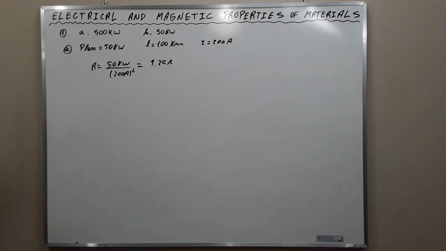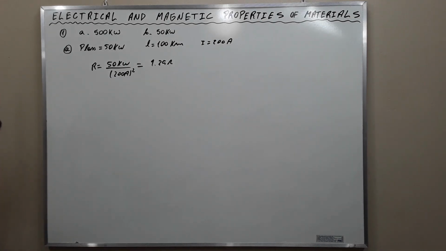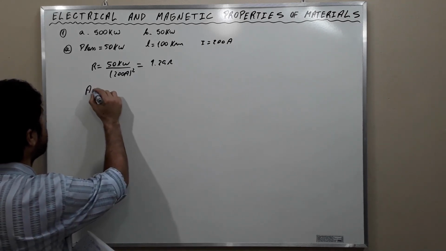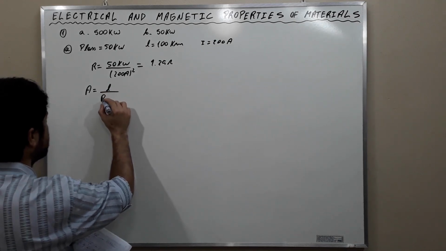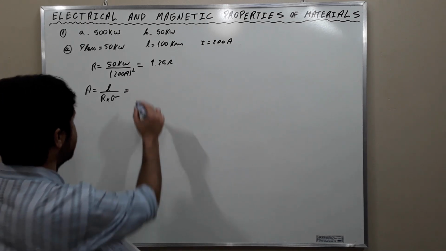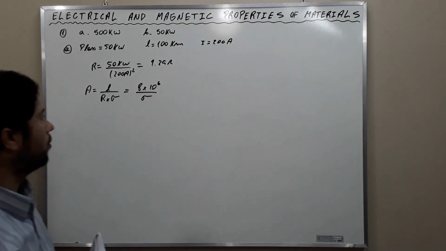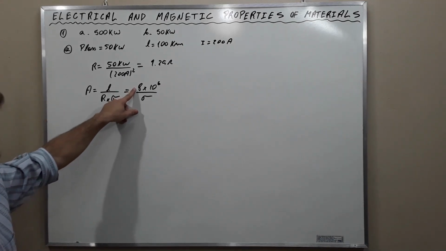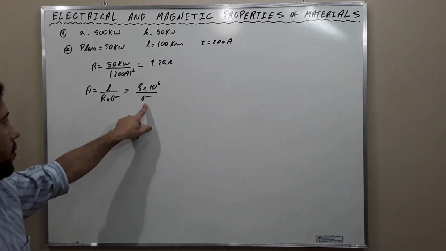Okay, and now we can calculate the cross-sectional area, provided that we already have the resistance of the cable. The cross-sectional area is going to be 8 times 10 to the 6th over sigma.